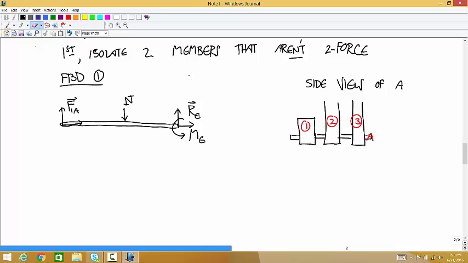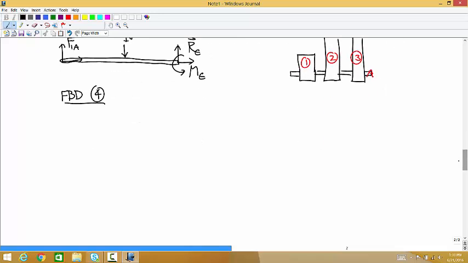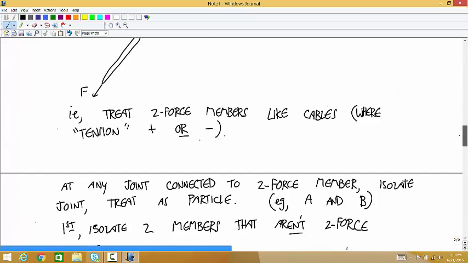And then the free body diagram for 4. We have the normal force. I missed one of these.